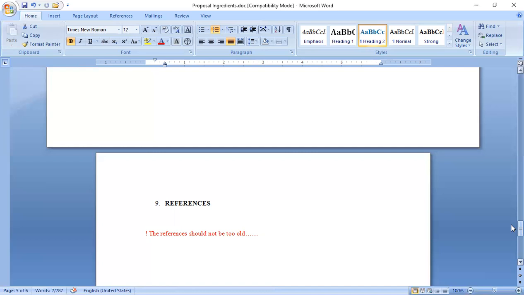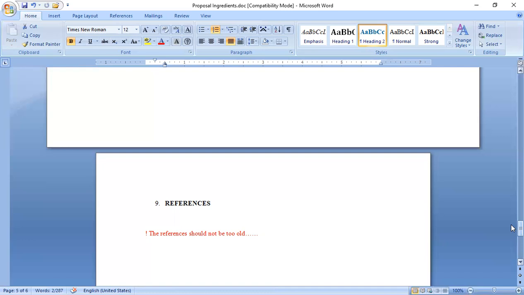And it is more effective that our research proposal should be between 13 to 20 pages. It should not be greater than 20 pages, because it can be too boring for someone who is going to read your research proposal.